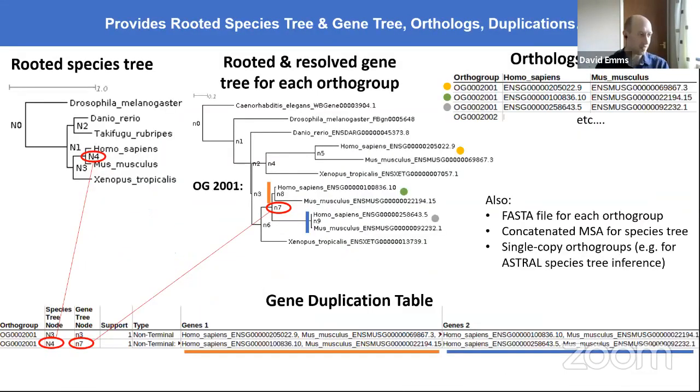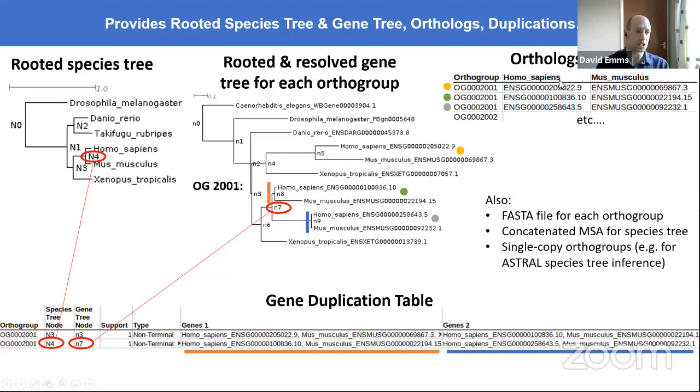And just to give you an idea of the kind of data you get from such an analysis, with OrthoFinder, you get a rooted species tree, and then you get all your genes separated into their separate orthogroups. So you get like 20,000 orthogroups, and each of those orthogroups has a rooted and reconciled gene tree.